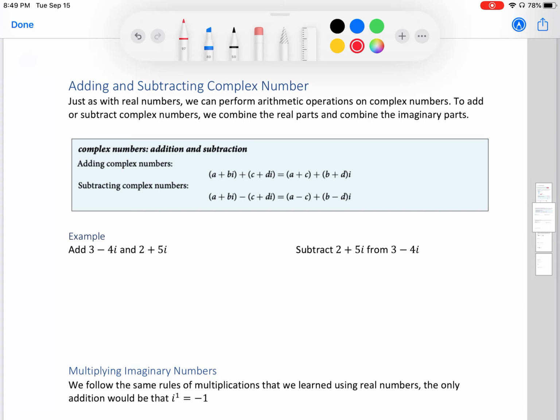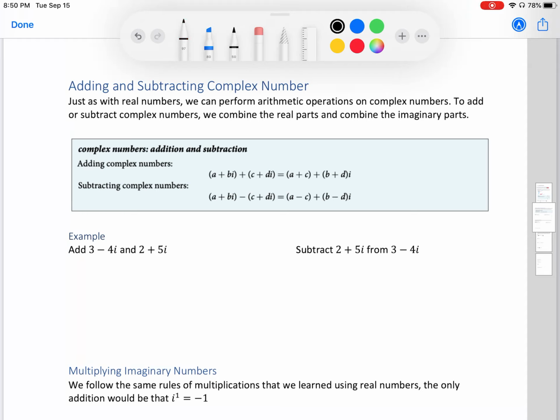Adding and subtracting complex numbers. Just as with real numbers, we can perform arithmetic operations on complex numbers. To add or subtract complex numbers, we combine the real parts and combine the imaginary parts. Think of this as combining like terms, where you add your x's and your numbers without an x.